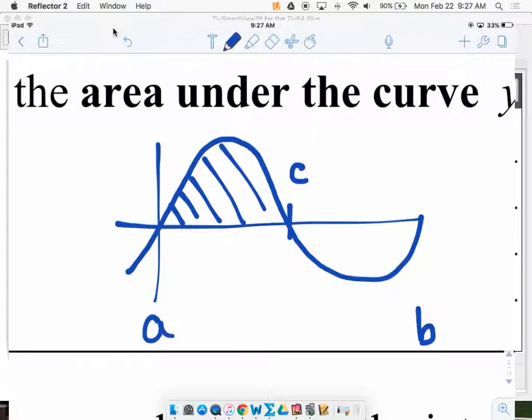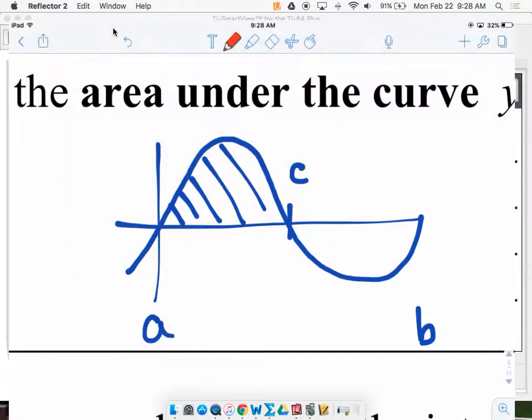So that's going to give me the area there, because it's above the x-axis, so area is always positive. Now, this piece here is underneath the x-axis, so it no longer gives me the area, because when I do the integral of this, it's going to be negative, right? Area can't be negative. So we have to figure out a way, how can I change that?